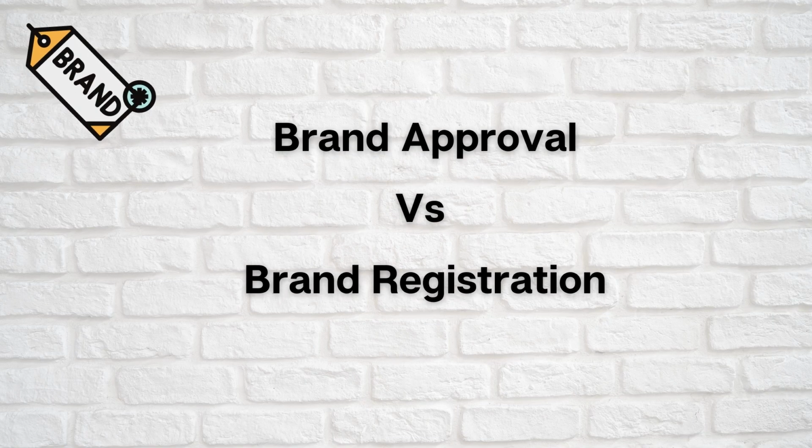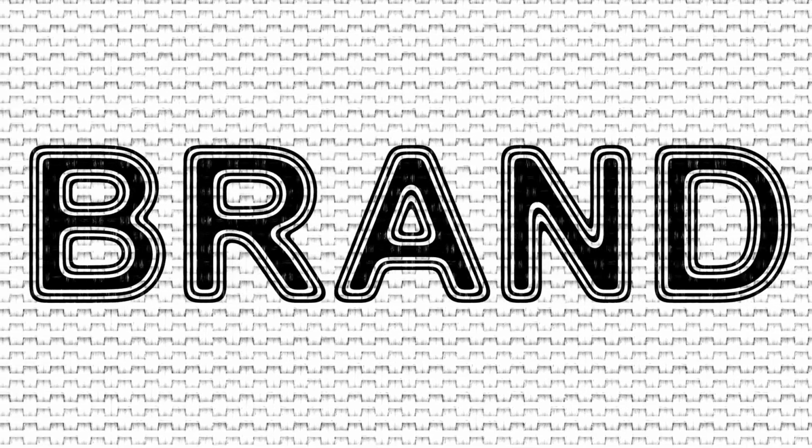So basically, you do not have to be brand registered in order to sell a product under a particular brand on Amazon. However, you do need brand approval. Meaning, if I want to sell my coffee tumbler mug under a particular brand name, I need to get approval from Amazon.